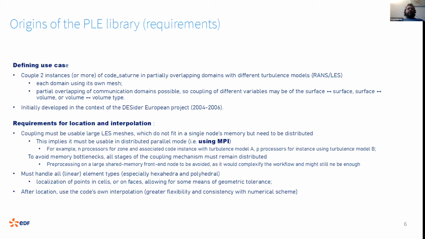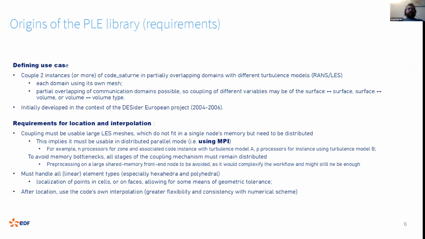The defining use case when it was initially funded was a RANS/LES European project. The idea was to couple two instances of the code, especially a reference alias. So the requirements were to enable volume-based coupling of overlap, which is a larger amount of data than might be needed for simple surface coupling, on computers that were massively parallel and didn't necessarily have that much memory per node.